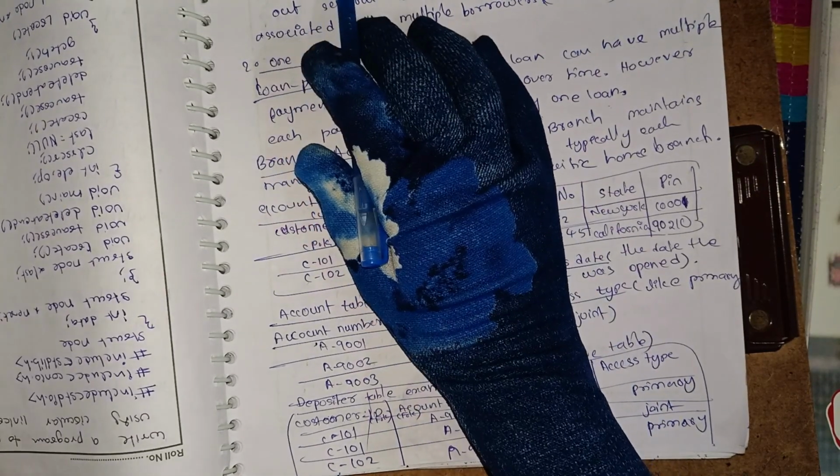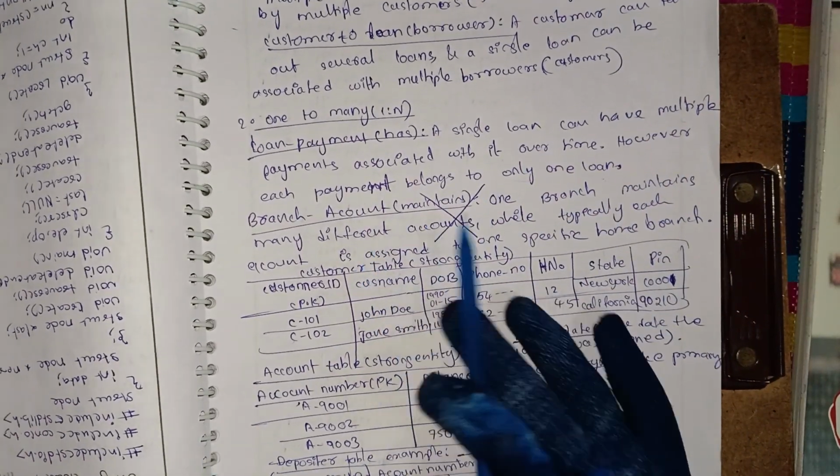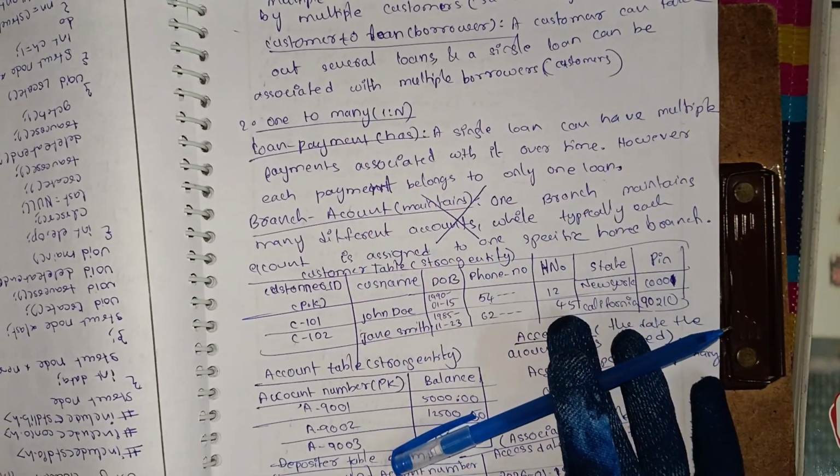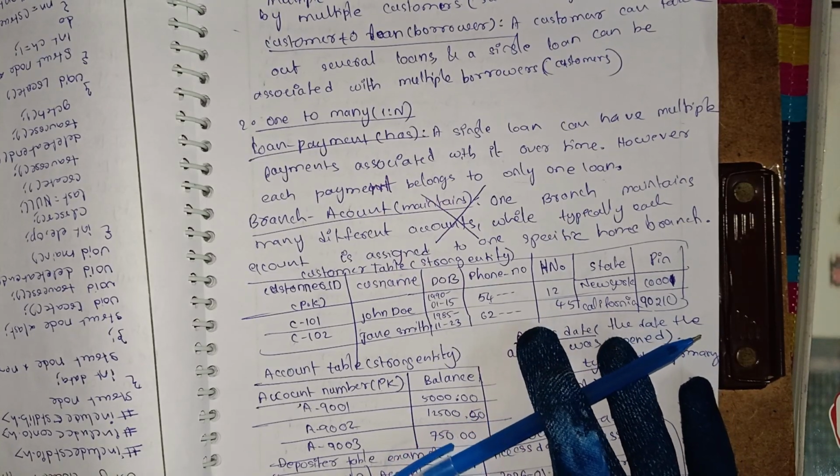Here a many to many relationship is there. In a relational database, a many to many relationship is not possible directly.